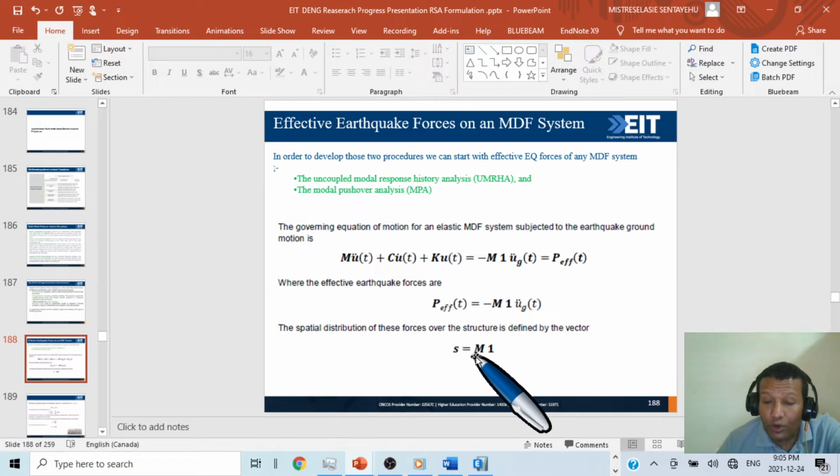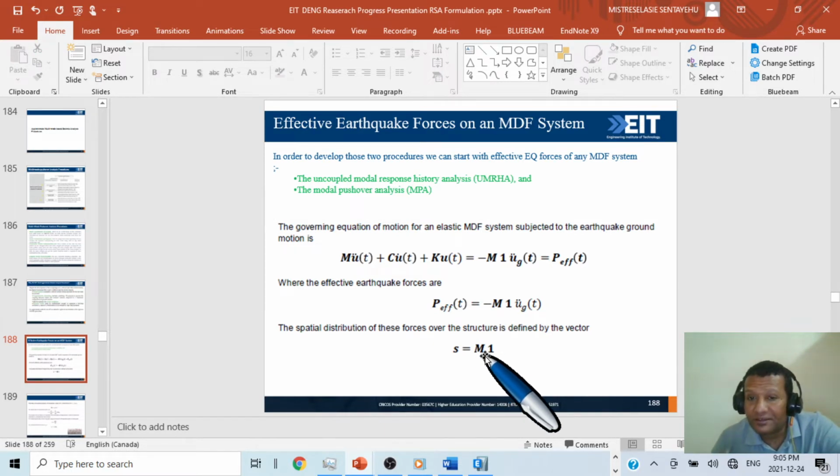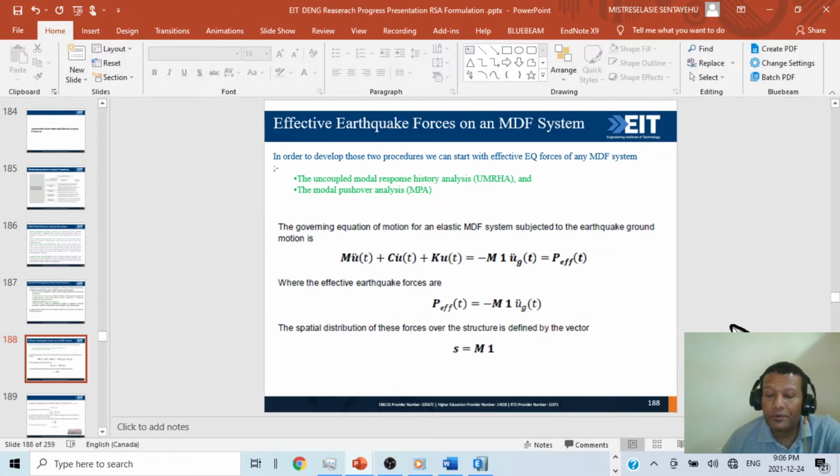But for each mode we will have P effective first mode, P effective second mode, P effective third mode, because the contribution of higher modes is included. Then this spatial distribution we will use for the distribution of P effective of each mode.